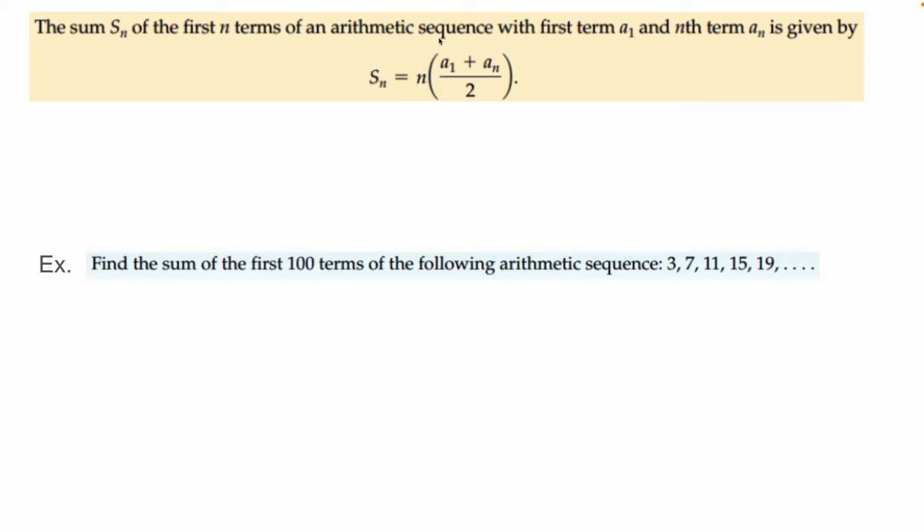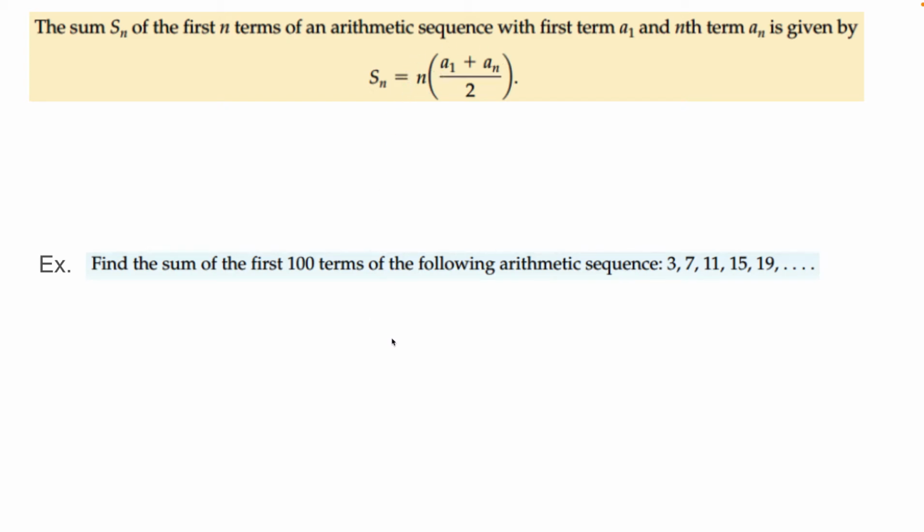The arithmetic sequence, which means you are adding the same number to the previous number to get the next number with that same rule, where the first term and the nth term are given, you can add those two terms. So first term plus the last term divided by 2, whole thing times the number of terms.